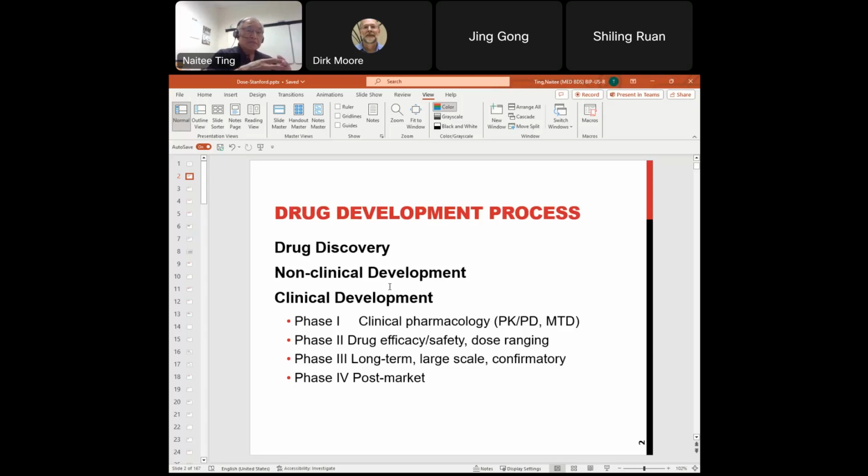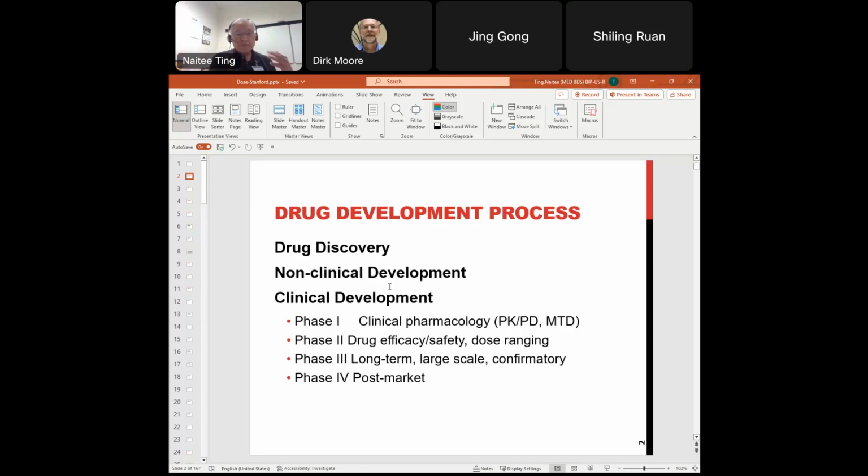So in toxicology, they have to look at three dimensions of this drug. They're looking at concentration, species, and duration. So they have acute, subacute, subchronic, chronic, different lengths in time, and they try different species.